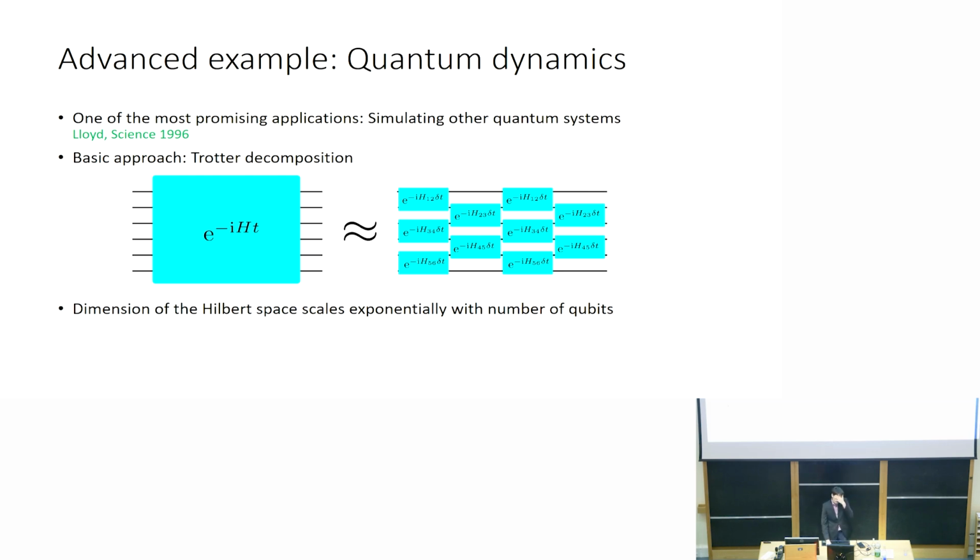And when you want to simulate such systems classically, it turns out that you're basically at the limits of state-of-the-art classical computers when you go to roughly 30 qubits or a bit more, which is, I would say, quite far from complex molecules or interacting systems.